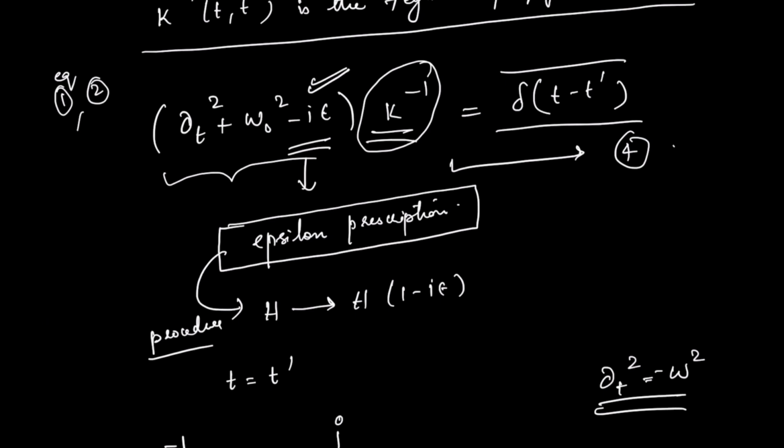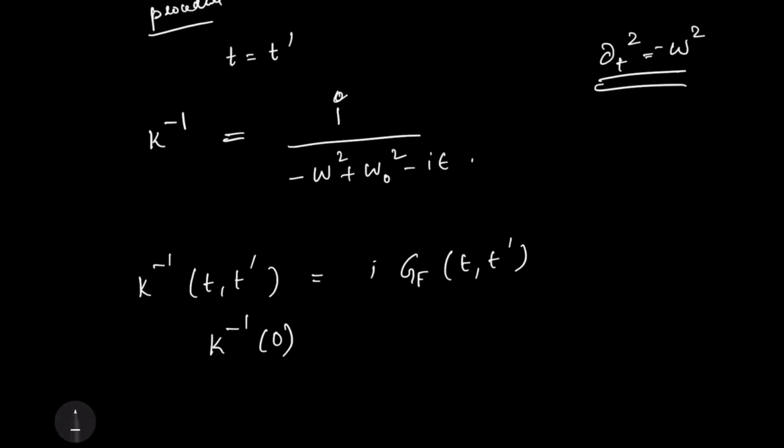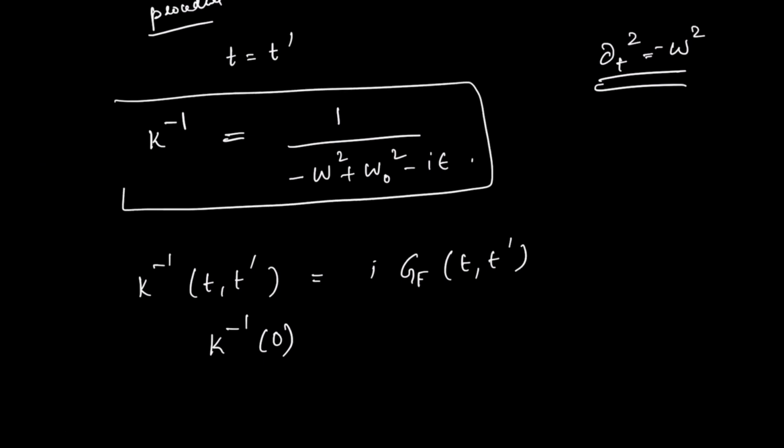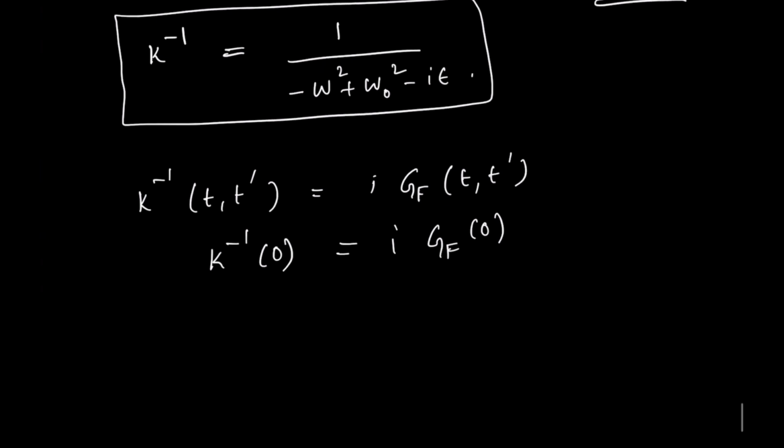That is how you get K inverse equal to 1 by minus omega square plus omega naught square minus i epsilon. Now when I substitute it here, I get GF of 0, so K inverse, 1 by minus omega square plus omega naught square minus i epsilon, is equal to i GF of 0.